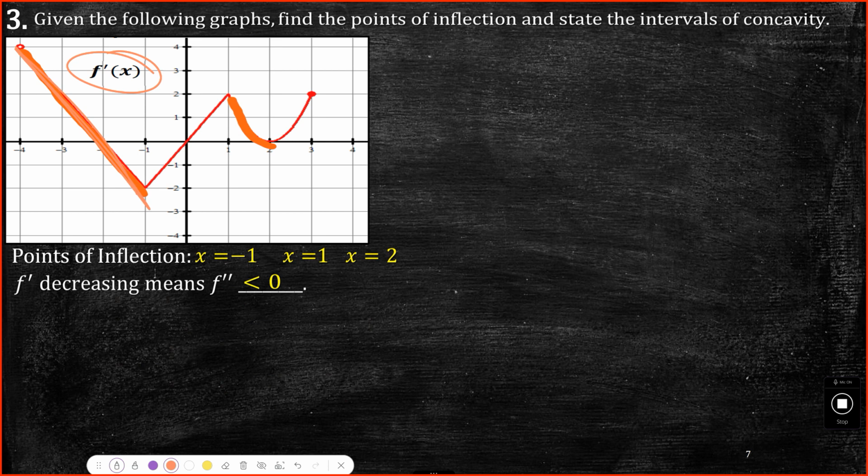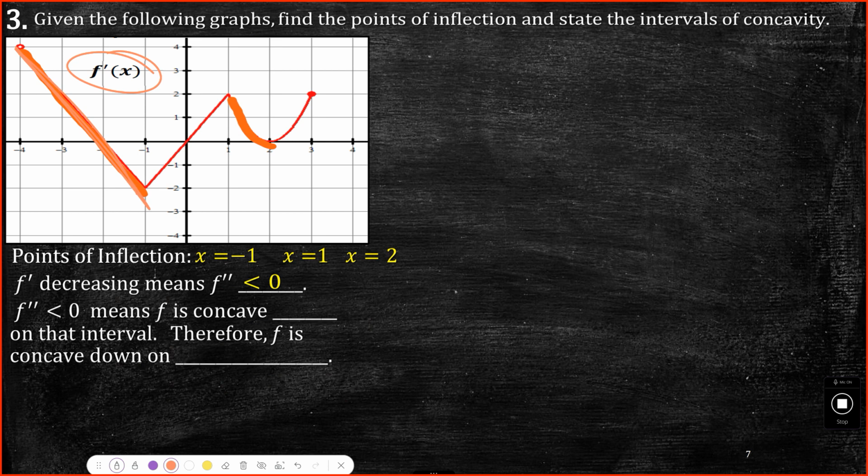So that's where it's at. F double prime less than 0 means f is concave what? Down on the interval. Therefore, f is concave down on what? Not including negative 4, even though we don't include. So it'd be negative 4 to negative 1 and 1 to 2.